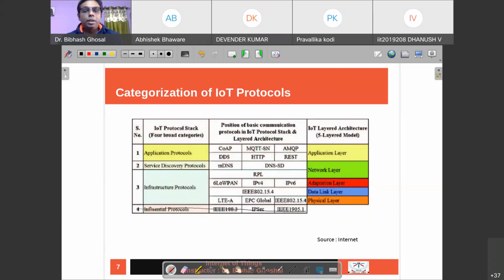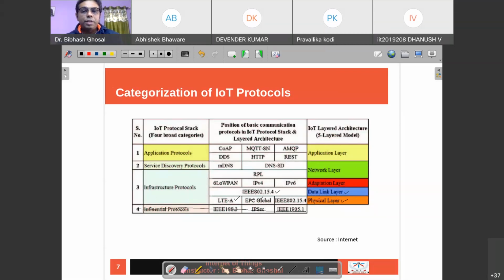If we look at the lower layers, which are the physical layer and the data link layer, or the object abstraction layer, whatever you call it, these we will primarily be focusing on. We have a standard called IEEE 802.15.4.